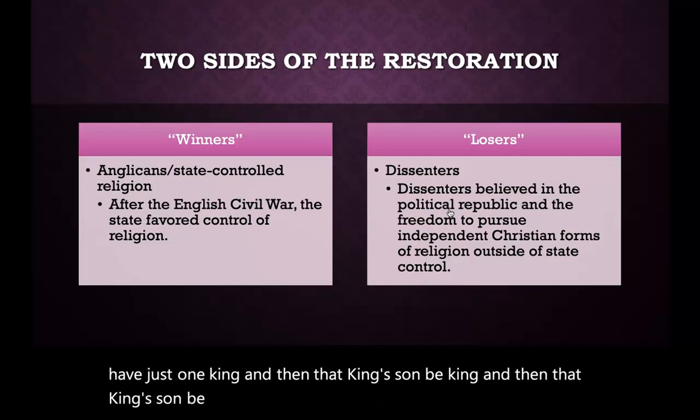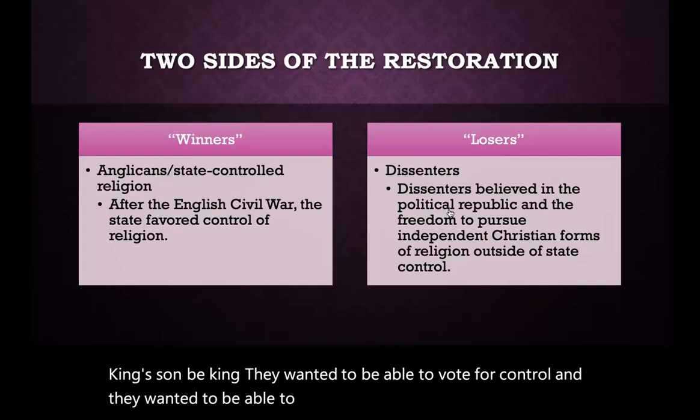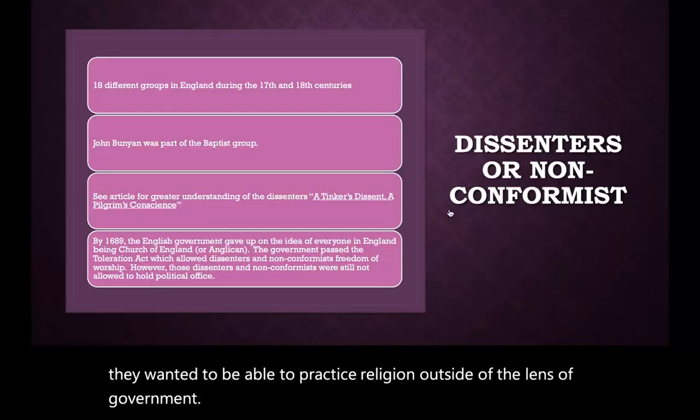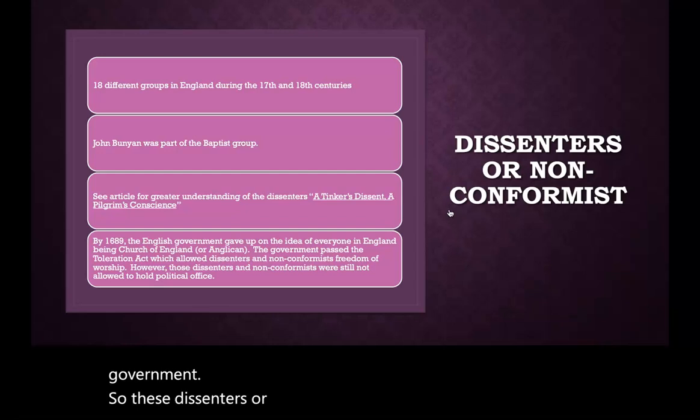They wanted to be able to vote for control, and they wanted to be able to practice religion outside of the lens of government. So these dissenters, or these nonconformists, they were the enemy, kind of.